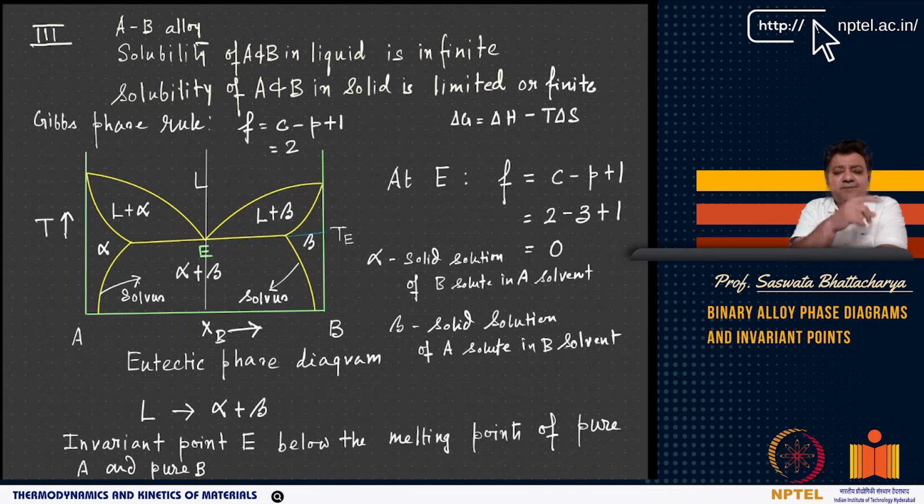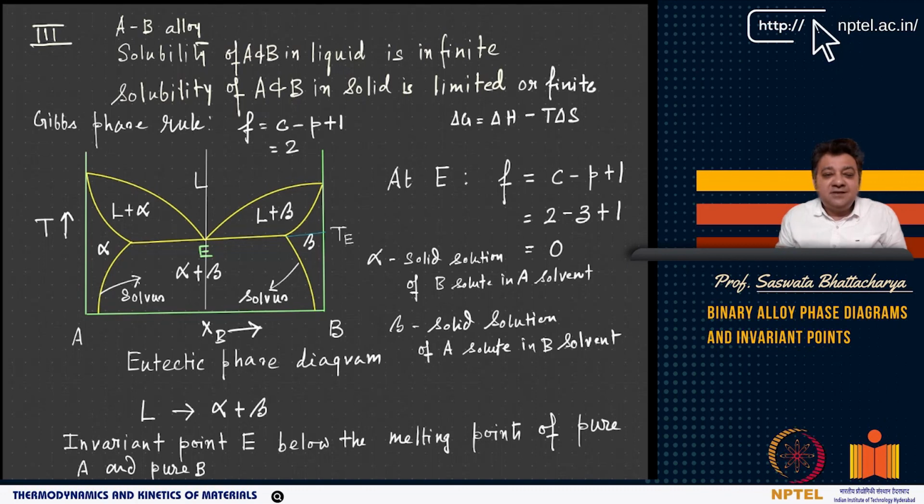Now type 2: solubility of A and B in the liquid is infinite, as well as in the solid. So it is completely miscible. A is completely soluble in B, or B in A, over the entire composition range, in the liquid state as well as in the solid state. That gave rise to the lens-shaped phase diagram.